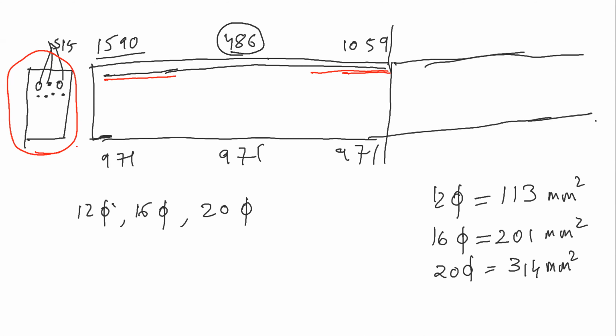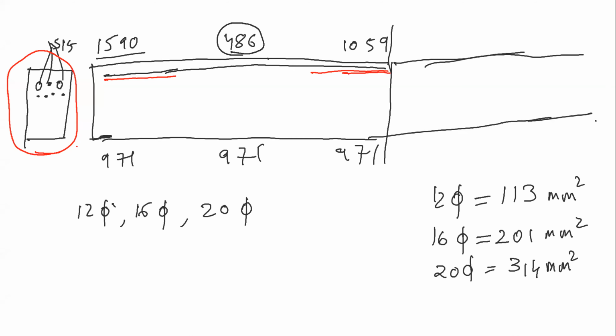And at the bottom it is almost 971. That is equal at the 3 ends. So you can use 3 of 20. 3 of 20 means 900, right? Okay.